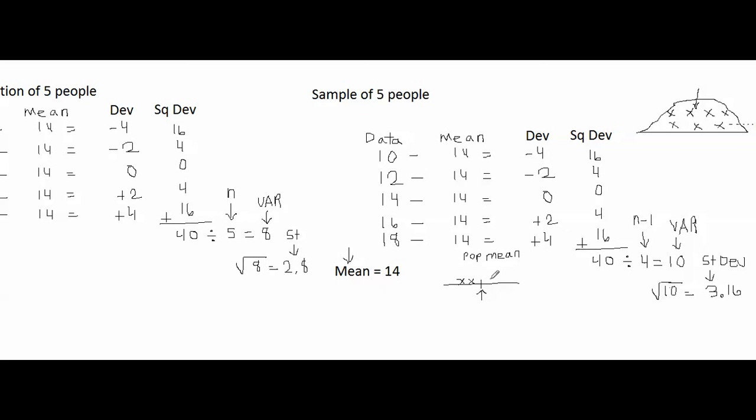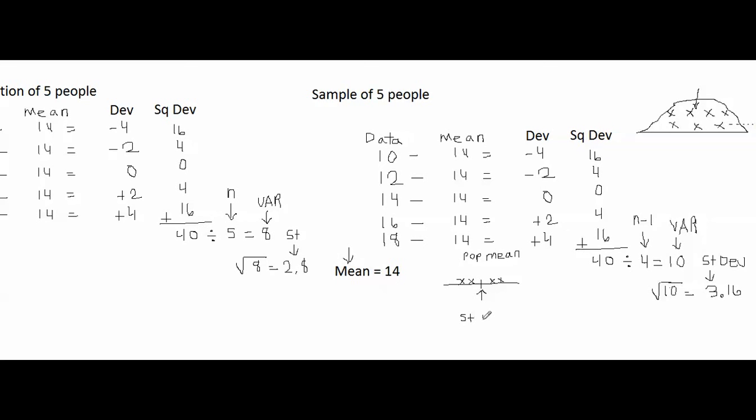Some of them will come out too high and overestimate the population mean. But overall, they'll tend to fall within a certain range of the population mean, like they are here. Here is a different sample mean, the mean of a different sample.